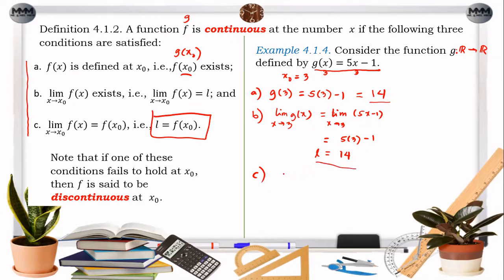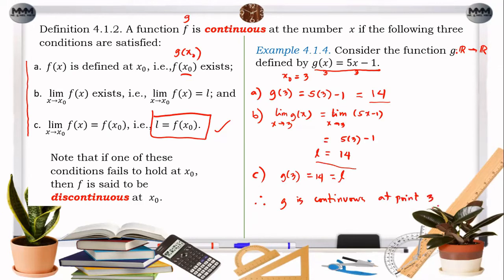Notice that g of 3, from our first condition, is equal to 14, and in the second condition, the limit is equal to 14. Hence, the third condition is satisfied. Therefore, we can say that g is continuous at point 3.